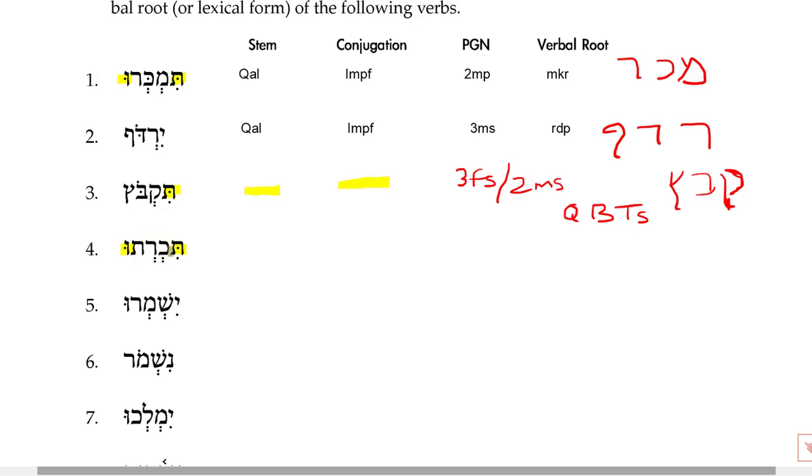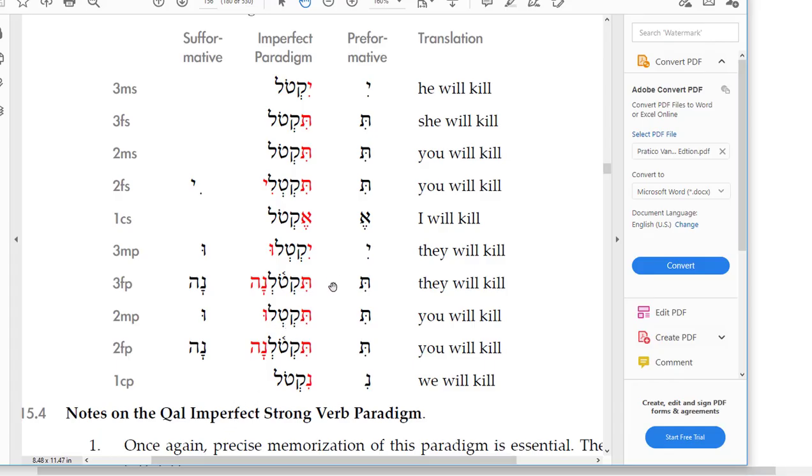And then our root here would be karat, kaf, resh, tav. So we can look at our chart and note that this looks a lot like 2MP. In fact, it looks exactly like 2MP. So we have tav prefix, shureq ending, and so we know it's second masculine plural, imperfect. And we'll come back then.